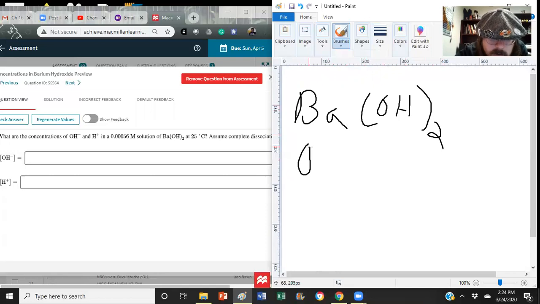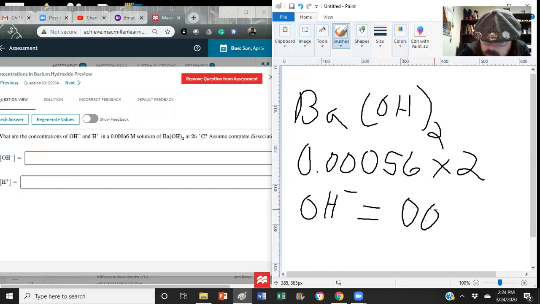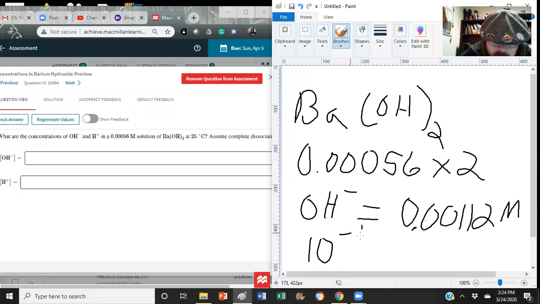So if I have 0.00056 molar barium hydroxide, I'm going to have to multiply by 2 to calculate my OH minus. 0.00056 times 2 is going to get double the quantity, 0.00112 molar. Now with that in mind, Kw is 10 to the negative 14th still.